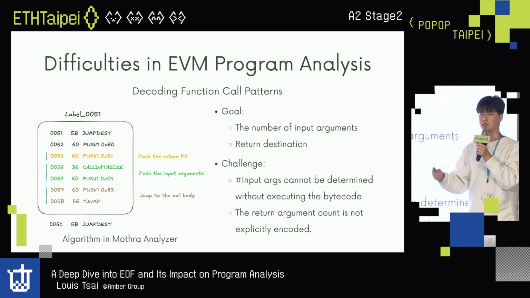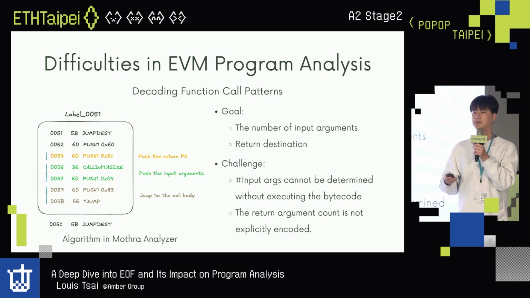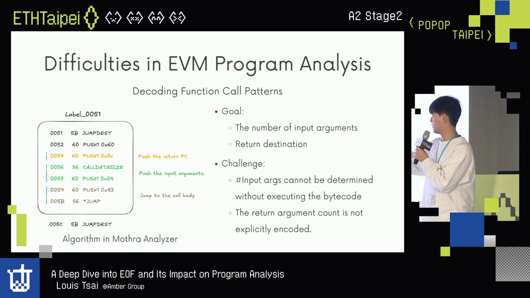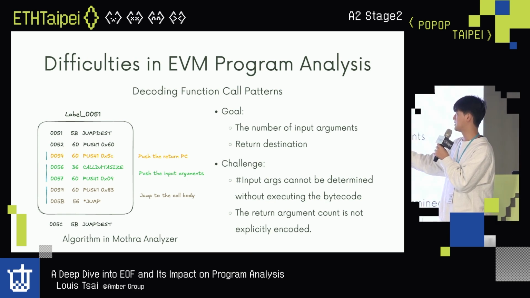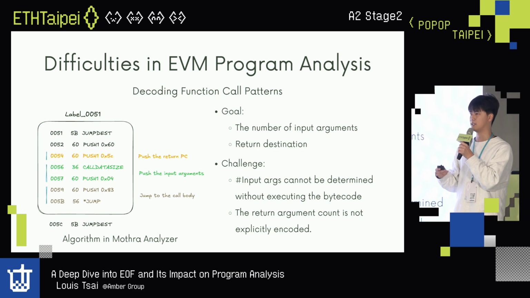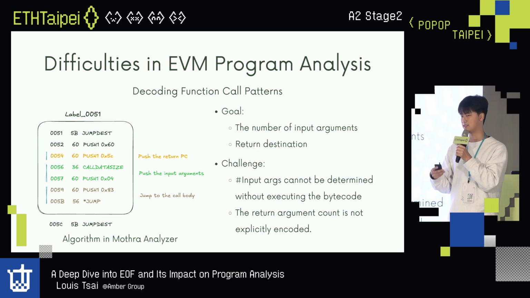And how do we decode the input argument numbers? The algorithm is we could simply analyze the state change between the push operation and the code pattern. There will be some additional rules to handle the edge cases, but we will skip the details here.